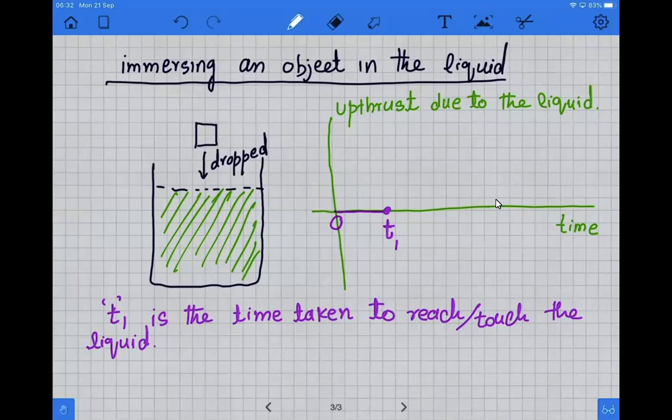Then as the object is immersed, the upthrust will go on to increase. Yet notice one thing, the speed of the object is decreasing. That's why the rate of increase of upthrust is decreasing, because the object will slow down. And once the object is fully immersed, the upthrust will become constant. This time T2 is the time when the object is fully immersed.